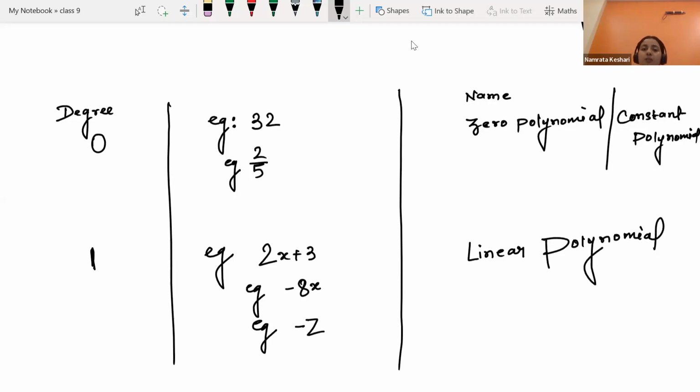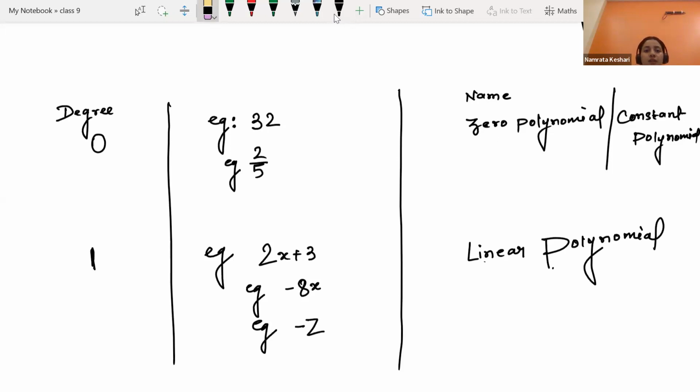This name linear came from when we plot the graph of this, which you will learn in the future in class 10. The graph of this will be a straight line, and hence the name is linear. Clear? Okay.